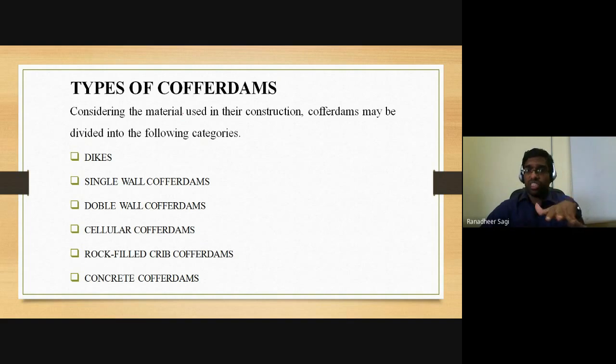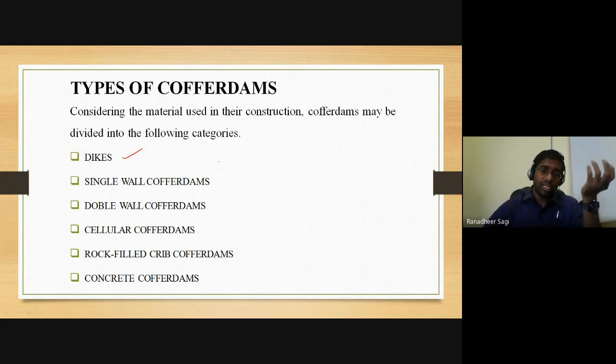Depending on the soil condition, the types of cofferdams are classified as dikes. Dikes are nothing but kind of embankment structures, where those embankment structures can be of earth, or of aggregates, that is nothing but rock or large boulder pieces.